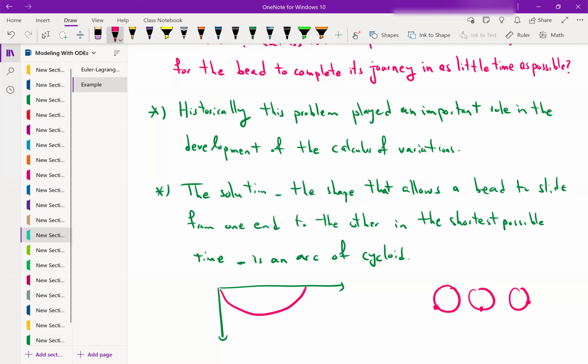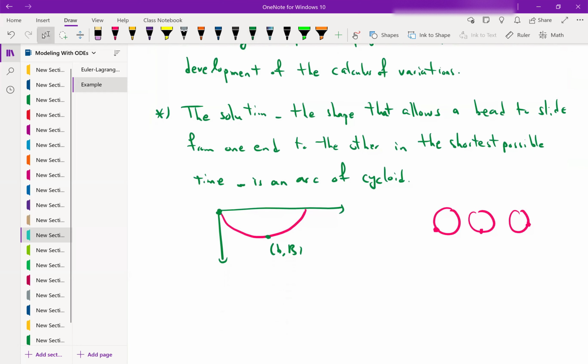That curve is a cycloid. And the solution to this problem also will be a cycloid. So let's say this is, for example, your origin, and this is the point b, comma, B. This curve, which is part of a cycloid, will give you the least time curve. So that is the solution. I just told you about the future, what the solution will be.